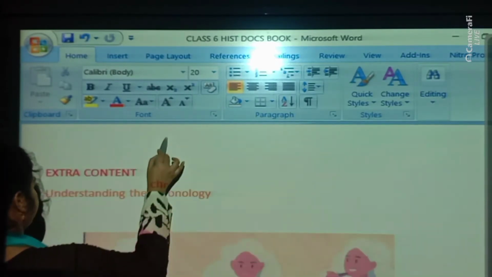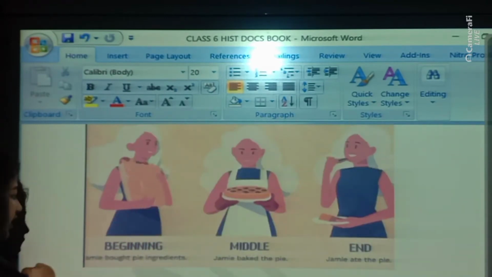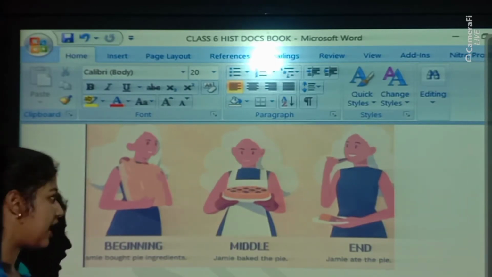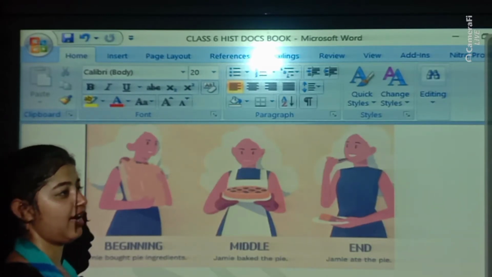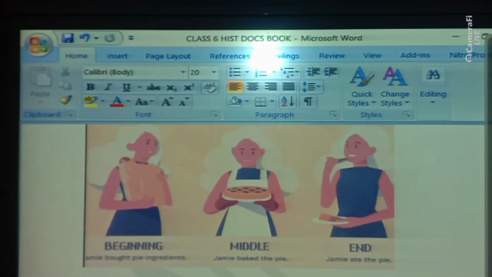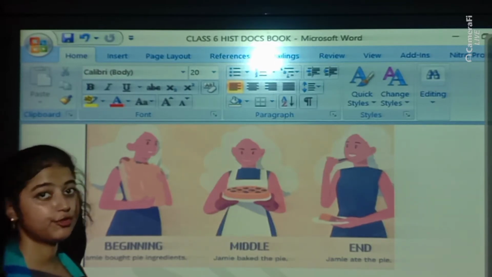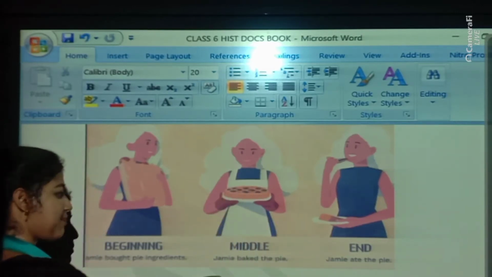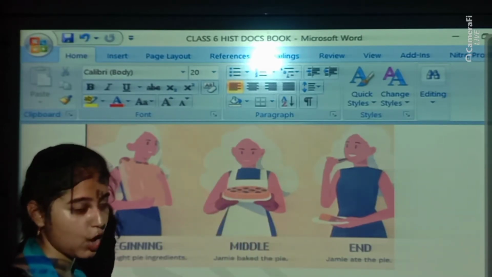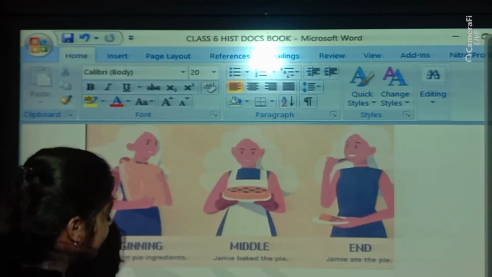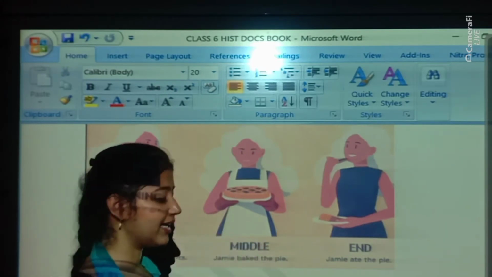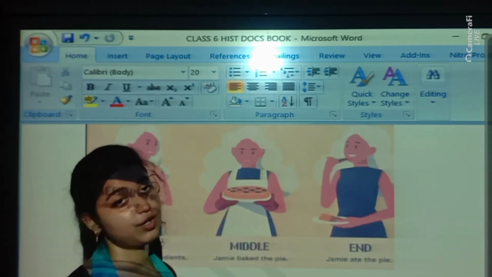First, from the beginning, she bought the ingredients, like flour, eggs, and flavors, whatever type of cake she makes, it's totally up to her. Next, she baked the cake or pie with some procedures, right? And last, she ate the cake. So at the end, Jamie ate the pie or cake.